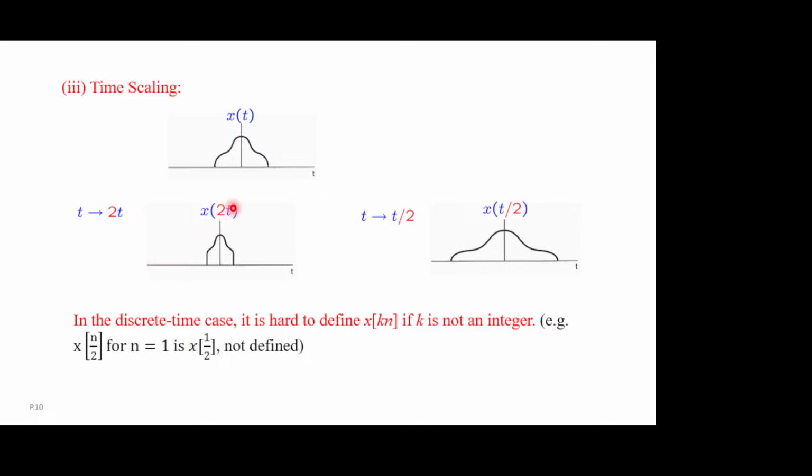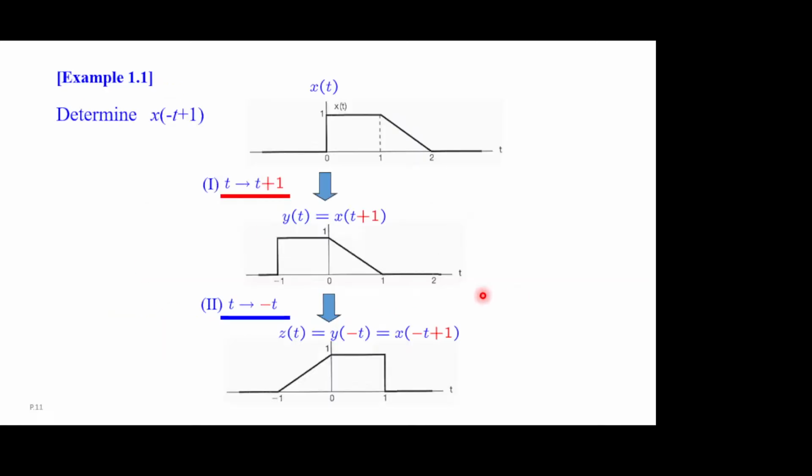Now this one is a little tricky to define for discrete time signals, because discrete signals are always spaced out with integer values. If you are multiplying by another integer value, then that stretching is not quite well defined. But let's ignore that for now.